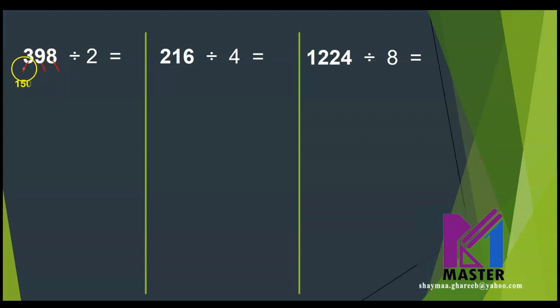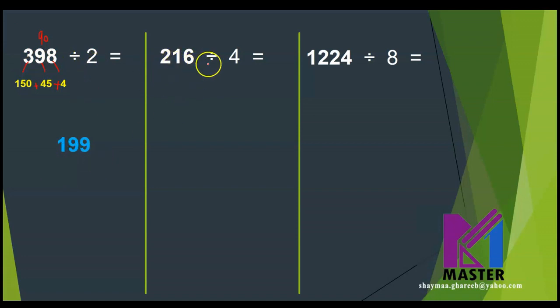So half 300 is 150. Half 90 is 45. And half 8 is 4. So when you add these three numbers together, 150 plus 45 plus 4, you will get 199. So 398 divided by 2 equals 199.